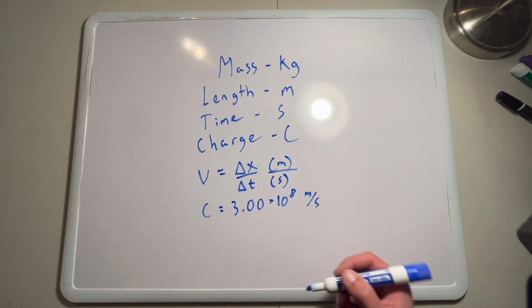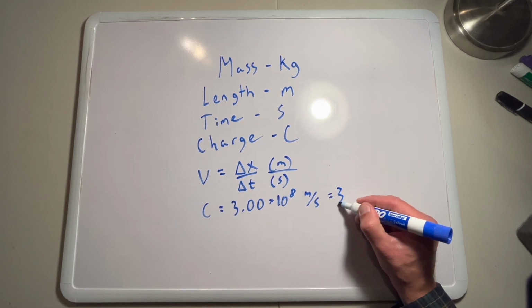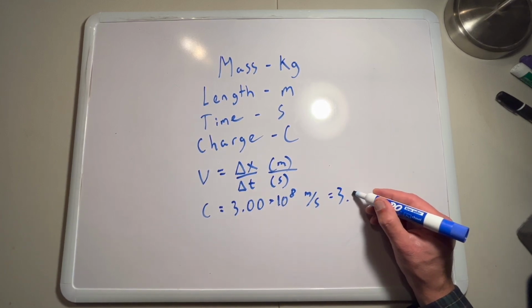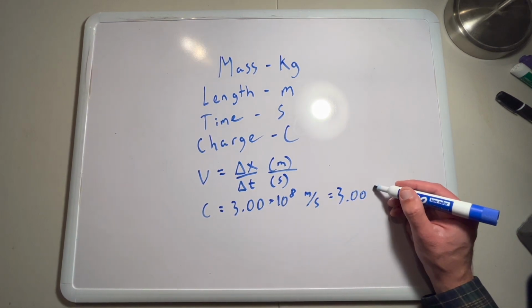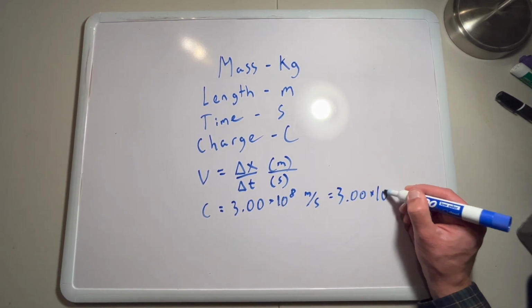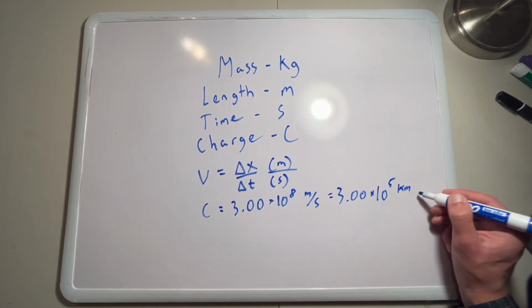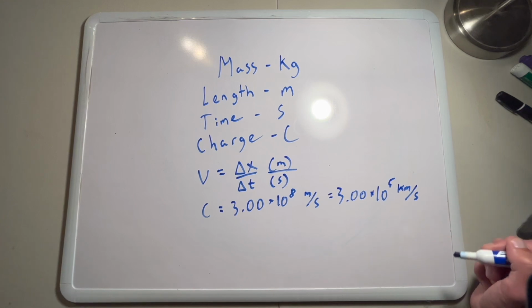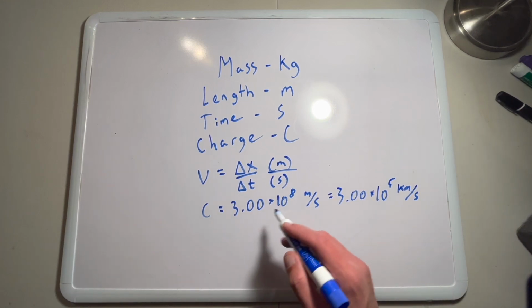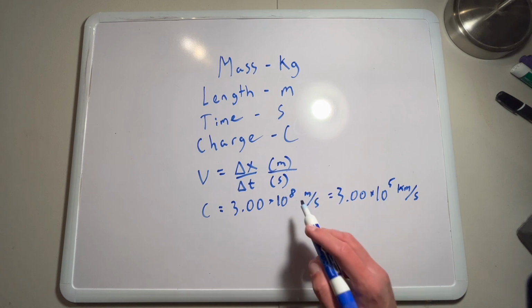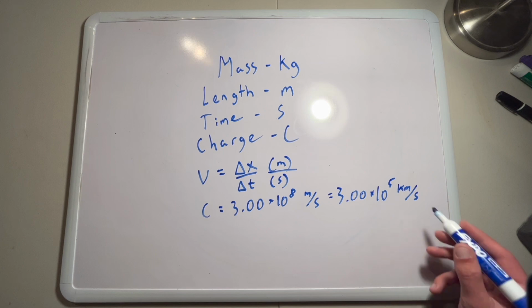So you could also, if you wanted, write that as 300 times 10 to the 5 kilometers per second. So we're just taking 3 of those decimals we've moved, 3 of those zeros, and then saying that's kilometers.